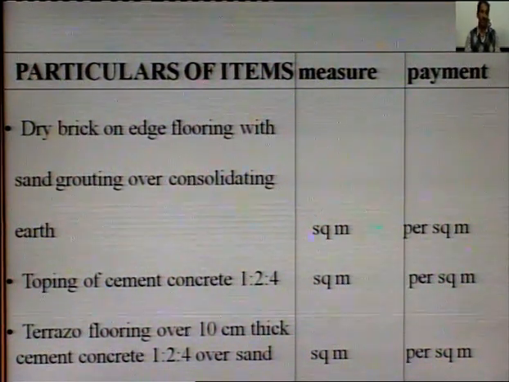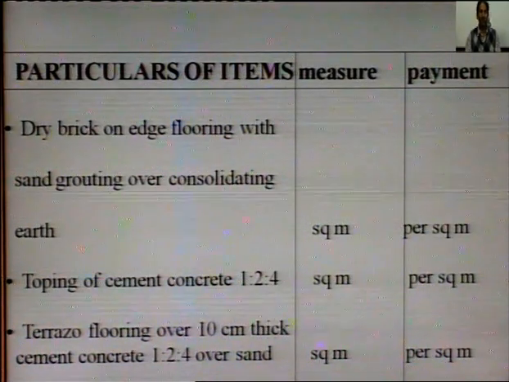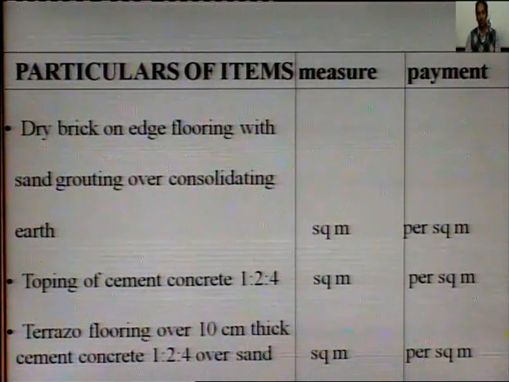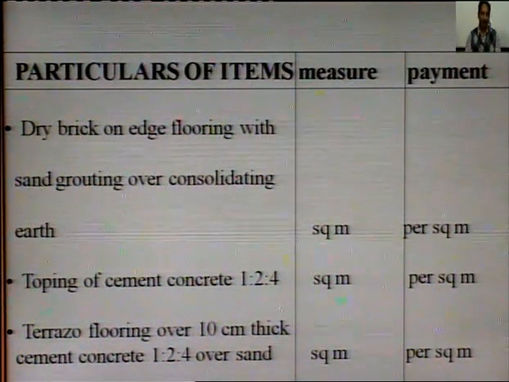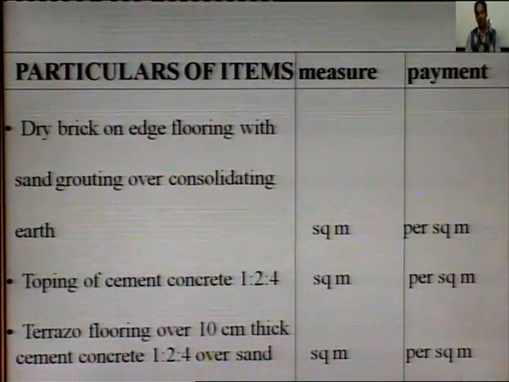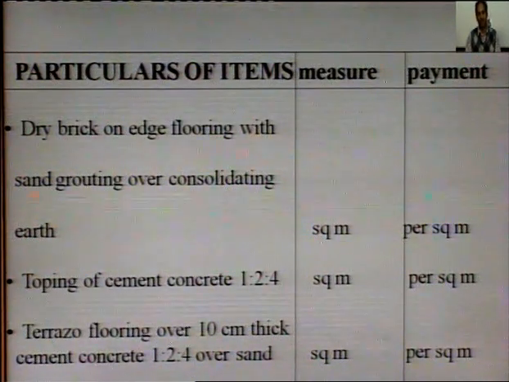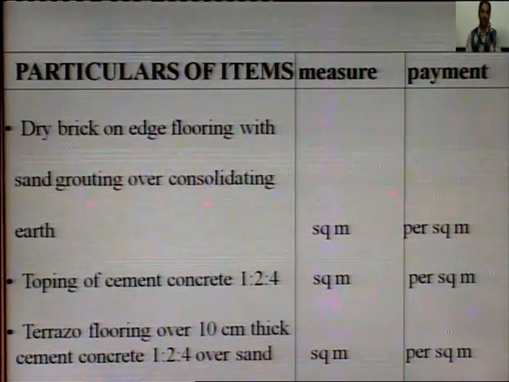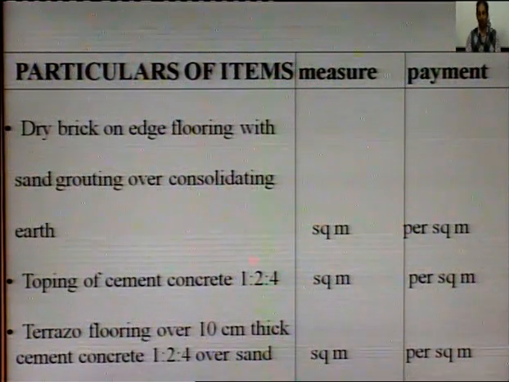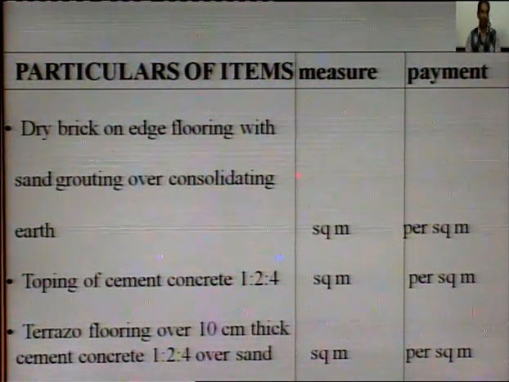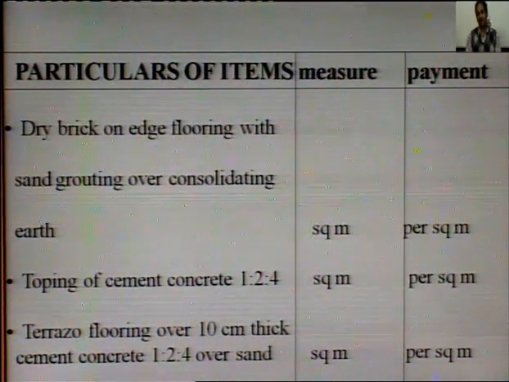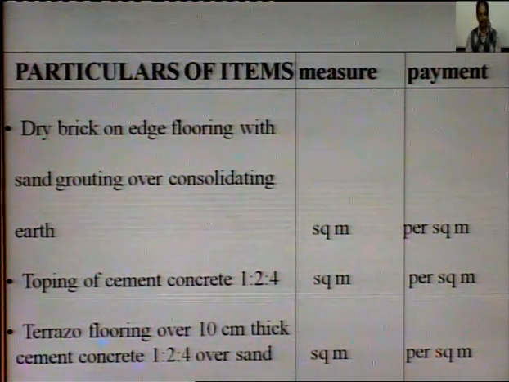And then another item, topping of cement concrete, and the ratio 1:2:4. If you provide the topping of cement concrete, the thickness of topping is specified. So, here in building construction or in flooring, if you provide topping, 1 inch to 2.5 inch thick topping is provided in the case of cement concrete.